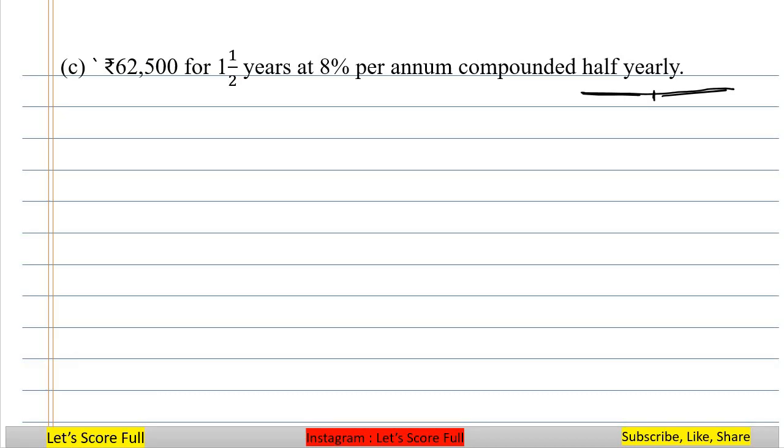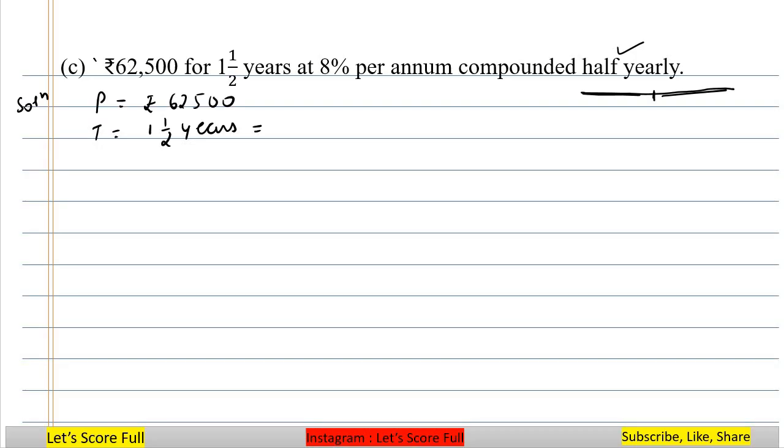So everything will get converted into half year periods. If the rate of interest is per annum, I have to convert that also to half yearly. So here what all is given? Principal, that is rupees 62,500. Then time period is 1.5 years.